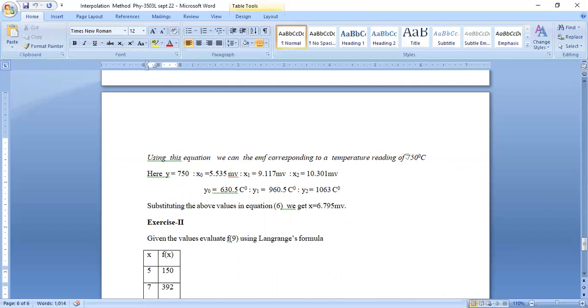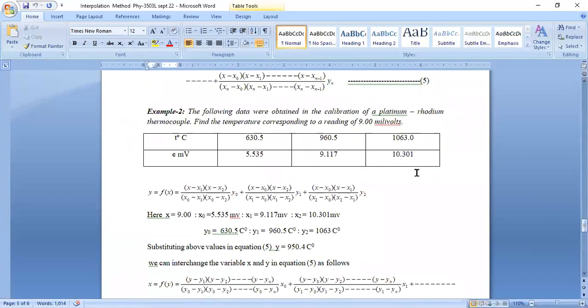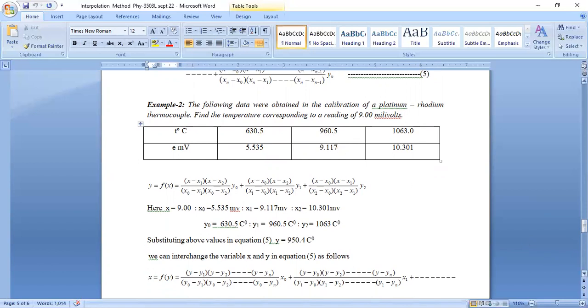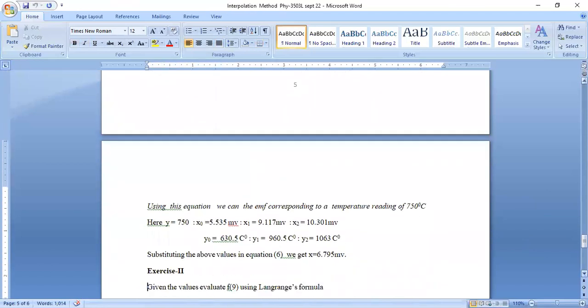Now you see, for 750, you look at the table for the 750 temperature. It should be less than, this is 630, this is 960. So it should be less than 9.117 millivolts. So let us see, you can verify.